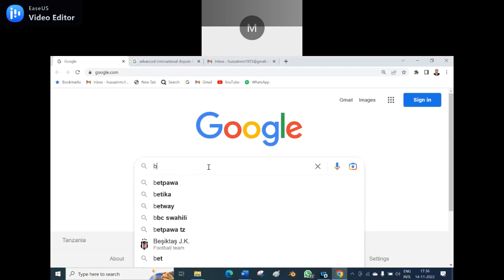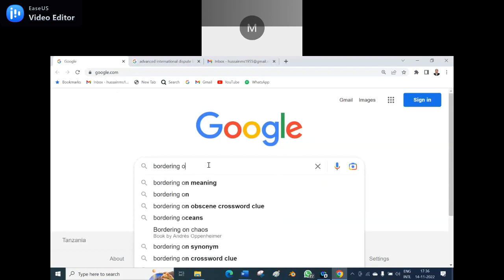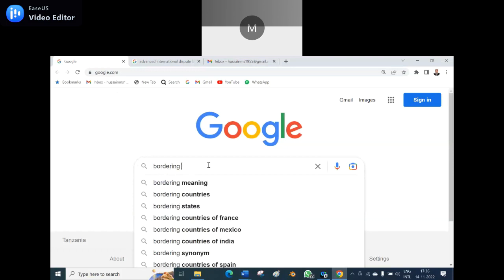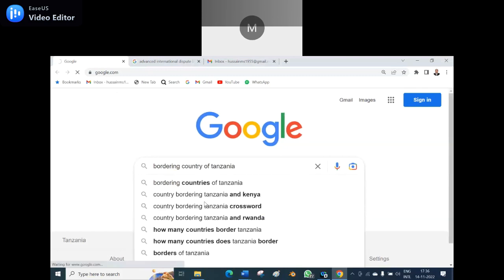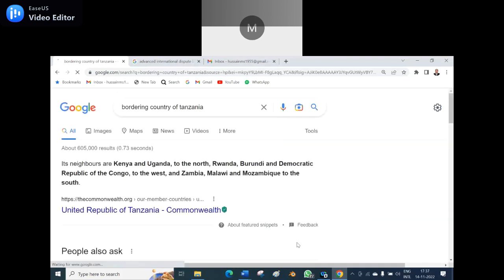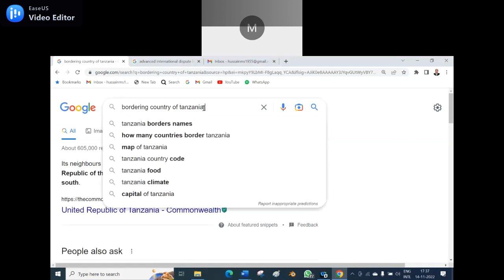Kenya, Uganda, Burundi, and Rwanda. I will show you. See, this is the bordering country of Tanzania. Images I will show you in the image form.